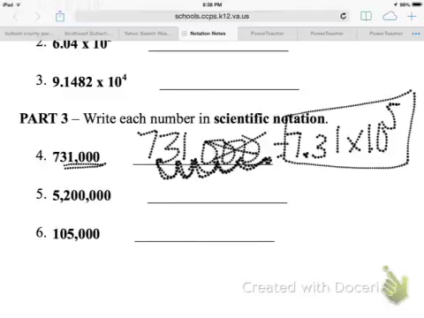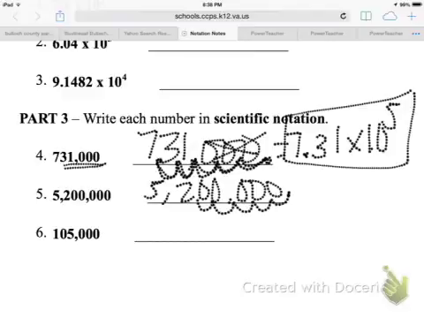On the second one, 5, 2, 0, 0, and then 0, 0, 0. Decimals here. 1, 2, 3, 4, 5, 6. So 5.2. Again, I can drop those zeros, times 10. And again, I jumped 6 places. It's going to be a positive 6 because it's greater than 1 whole.